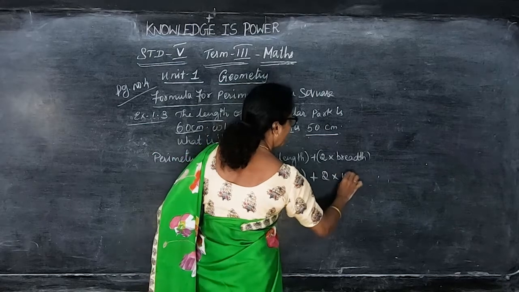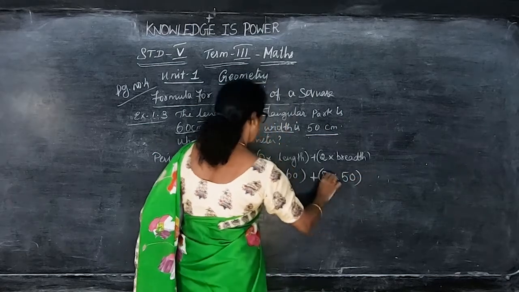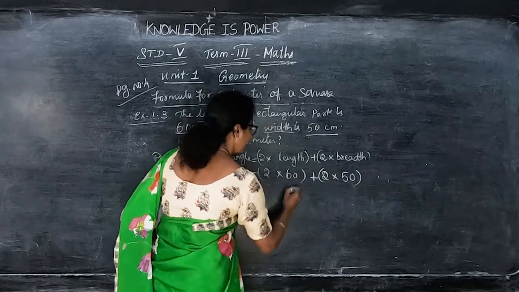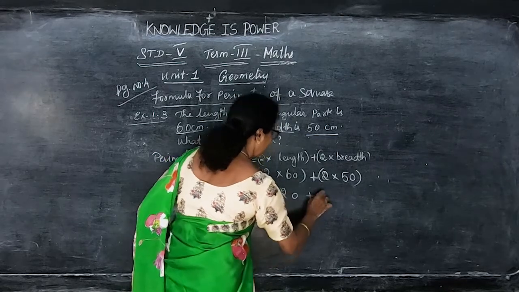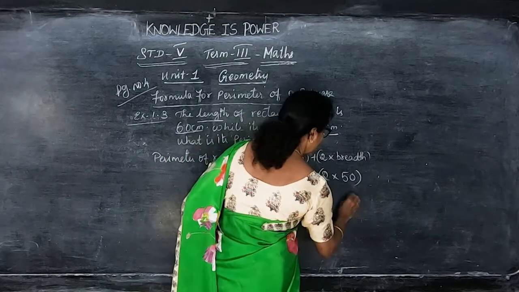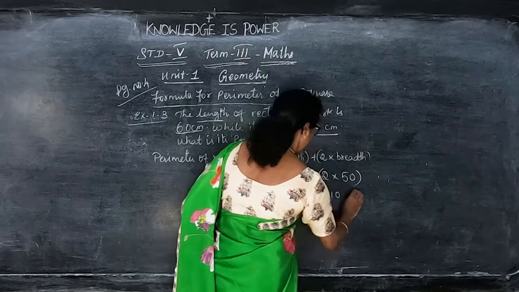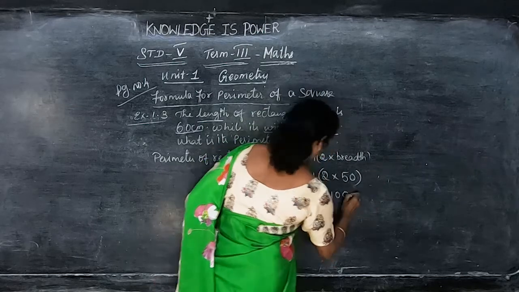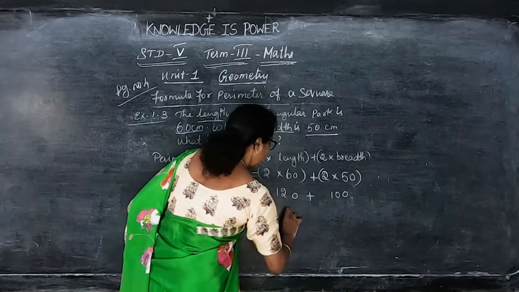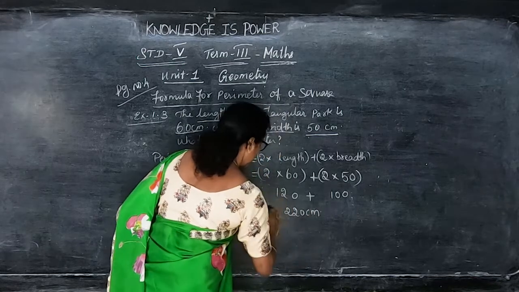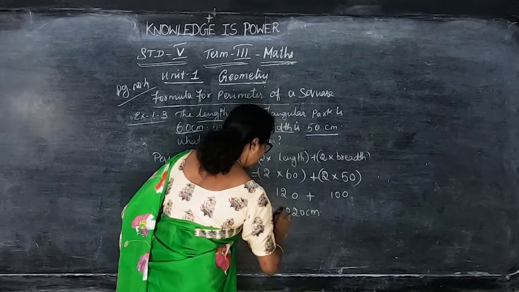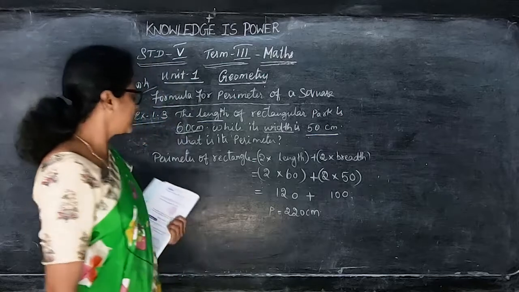So 2 into 50. 2 6s are 12, so 120, plus 2 5s are 10. If we add these two numbers, we will get 220 centimeter. So answer is P is equal to 220 centimeter.